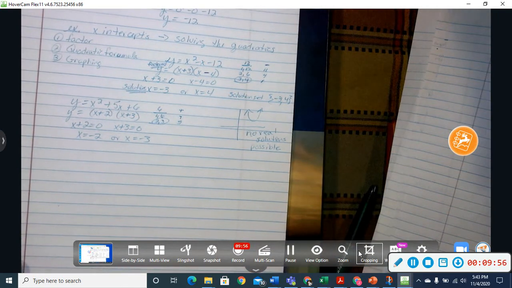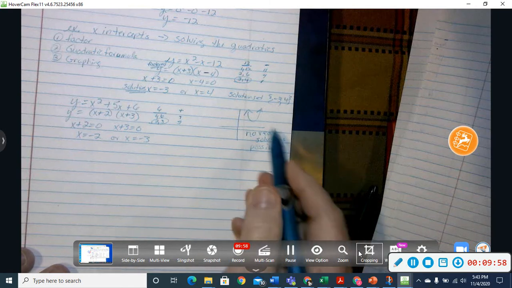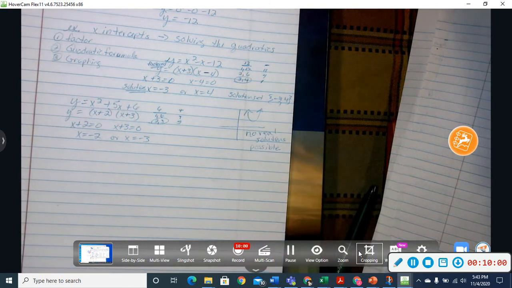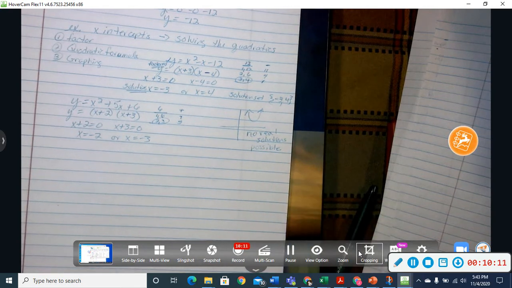In that case, that is when you got into imaginary numbers. No, we're not going to deal with imaginary numbers. We would just say there are no real answers for our solutions.